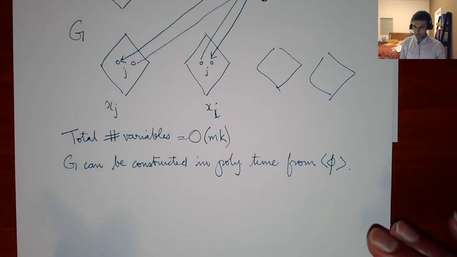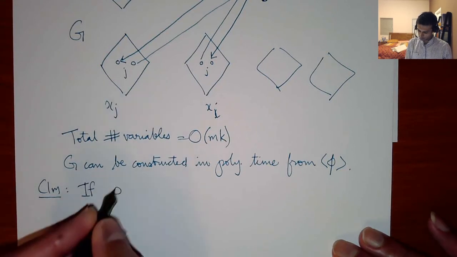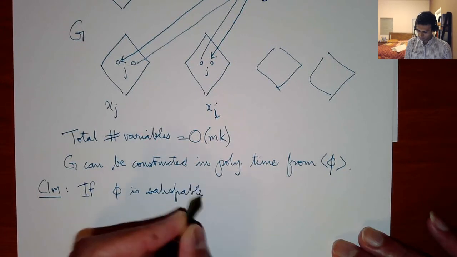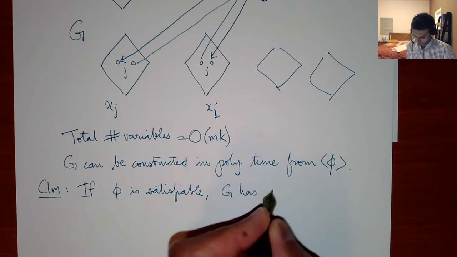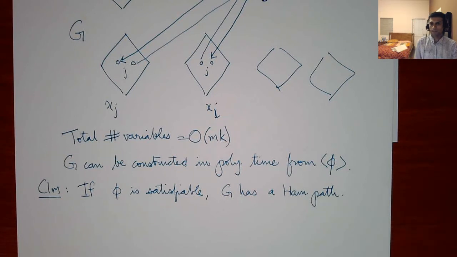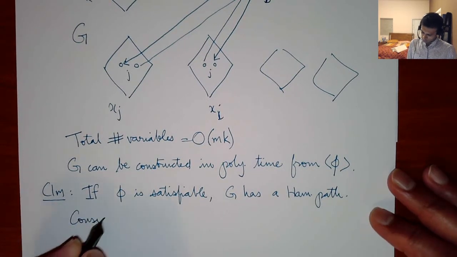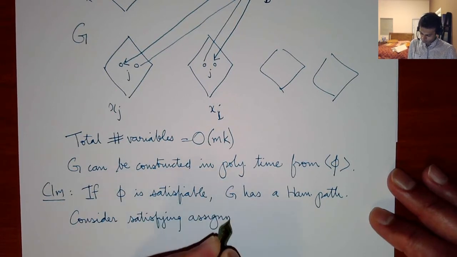Okay, so now we need to prove two sides. We need to prove the first claim: if phi is satisfiable, then G has a Hamiltonian path. So consider a satisfying assignment.